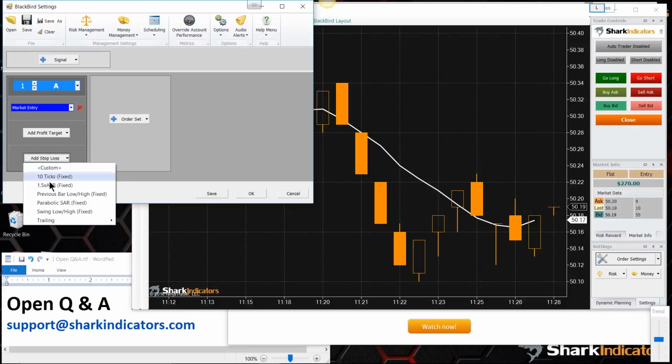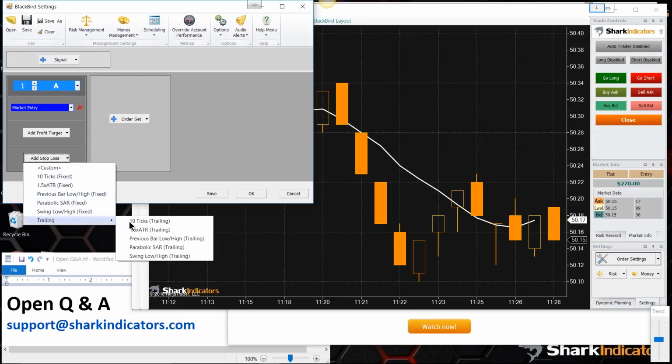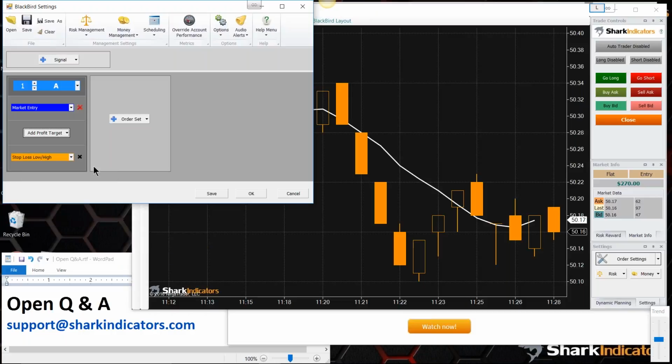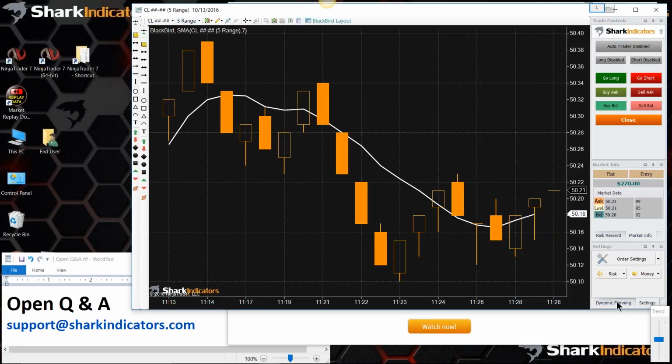There's already a previous bar low high. If we want a trailing, we could use previous bar low high right there. Select that, and that should do it for you, Jeff. Let's just click OK and set this up.